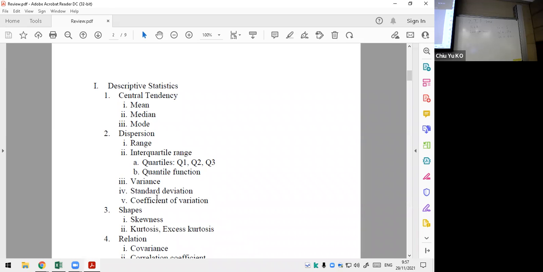Just a gentle reminder: sigma squared is like this. It's all the data minus mu.